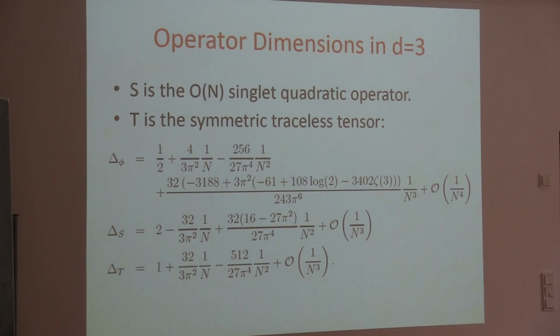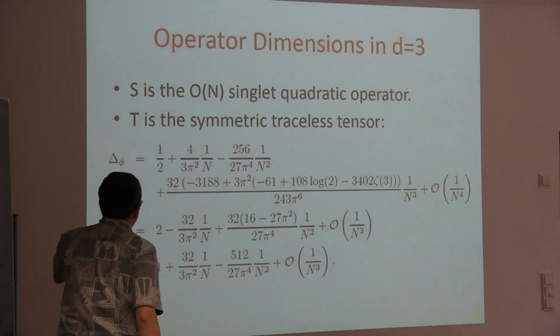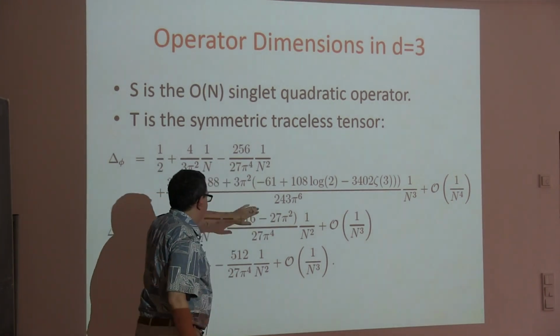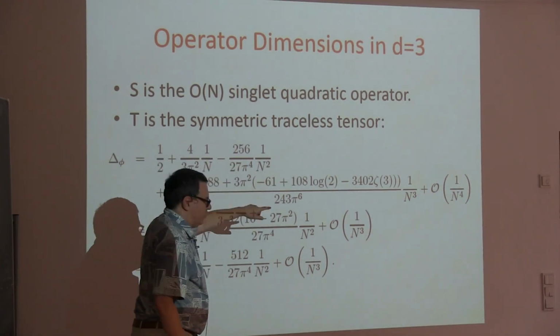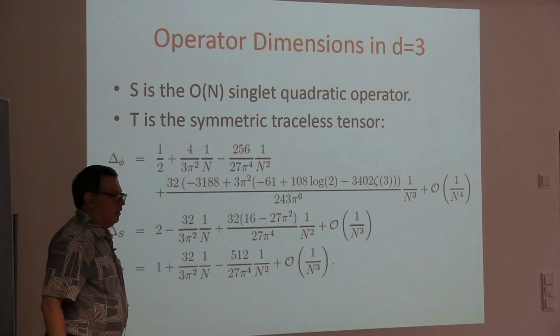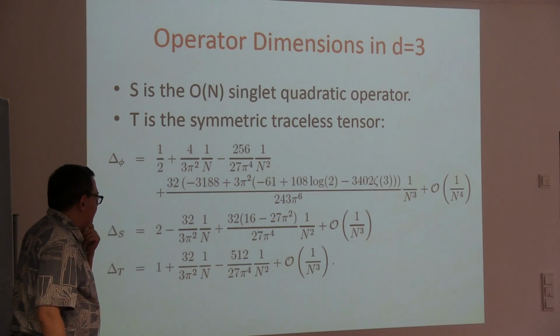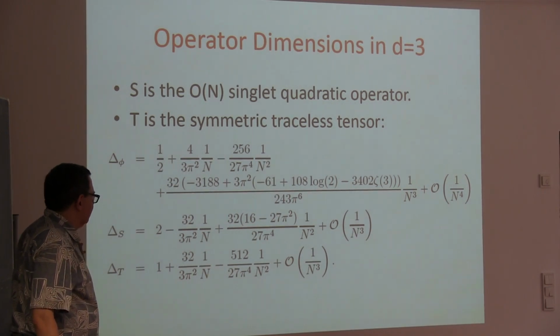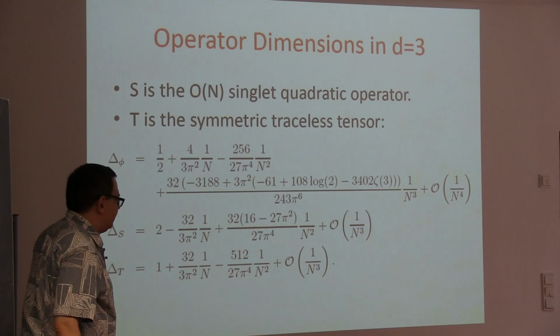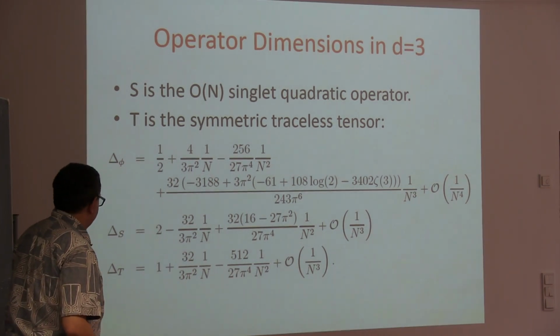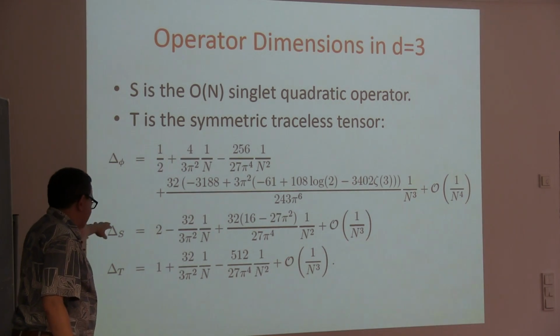So this result so far, I computed here. Then people went to this order and even to the 1 over n cubed order, which is a very complicated calculation carried out by Vasiliev and collaborators in the 90s, I believe.